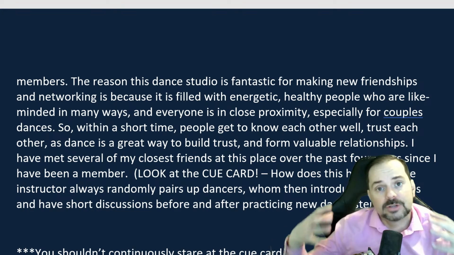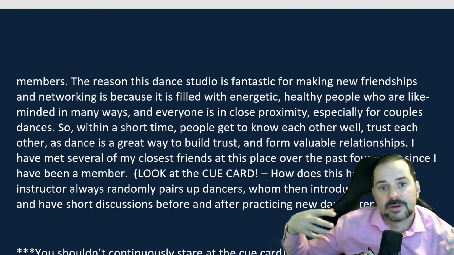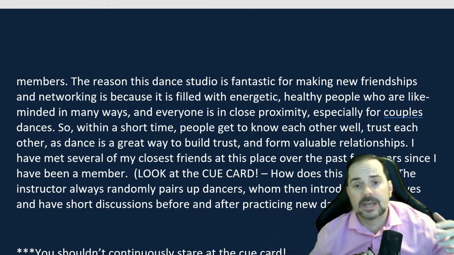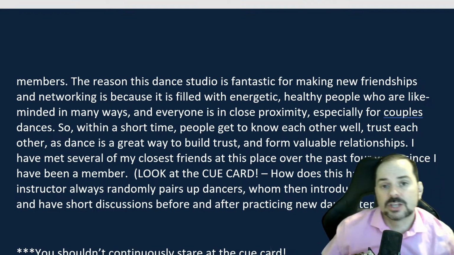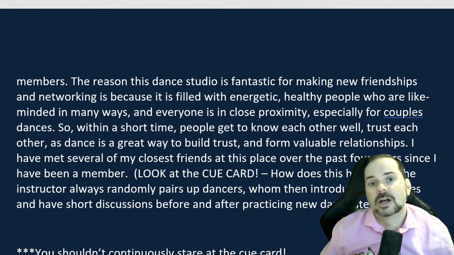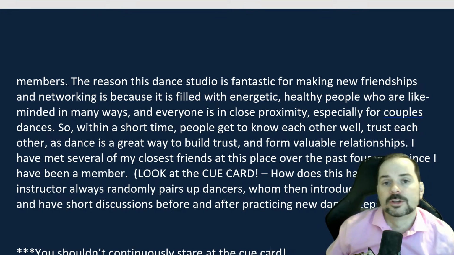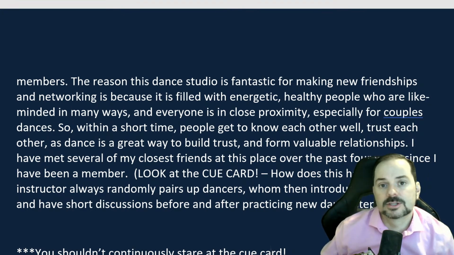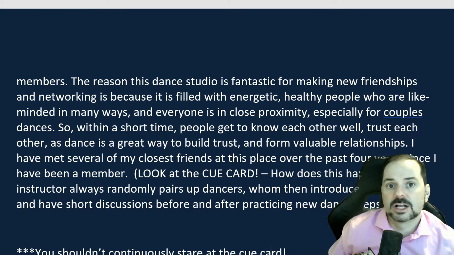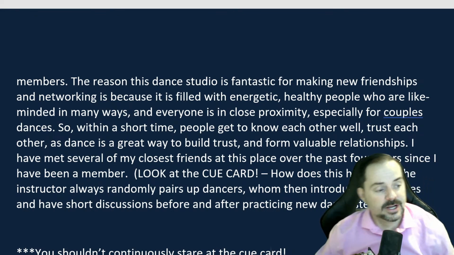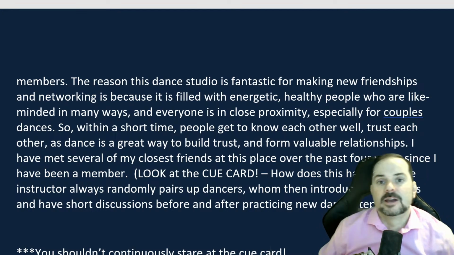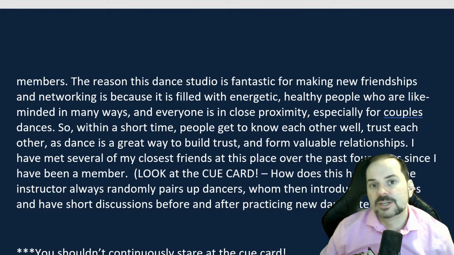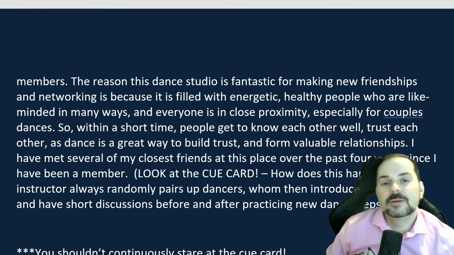Exactly, Natty. Good visualization. That's exactly what I had in my mind, right? The teacher says, okay, everybody whose birthday is between January and March, you are now going to be partners for this next salsa move. Please introduce yourselves to your partner. And then you say, hi, I'm Adrian. And then the other person says, hi, I'm Mary. And, oh, nice to meet you. Hi, Mary. What do you do? Oh, I'm a university student.